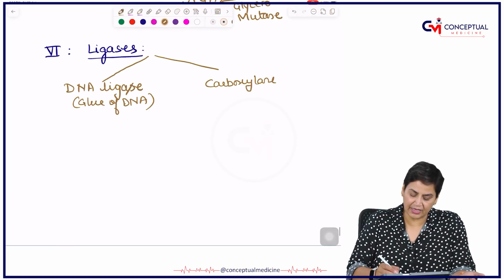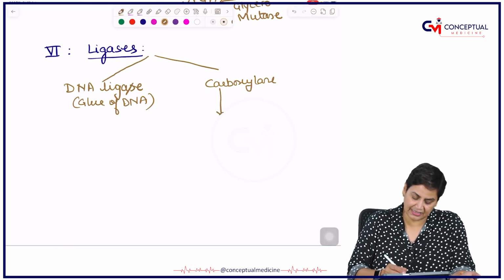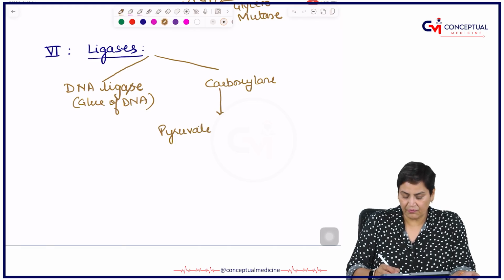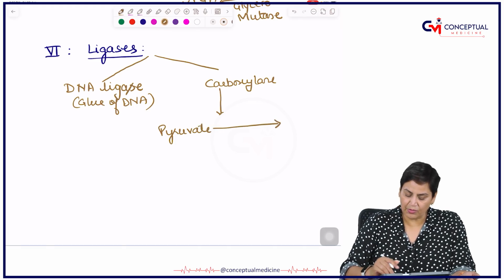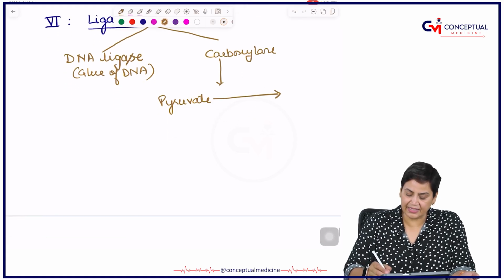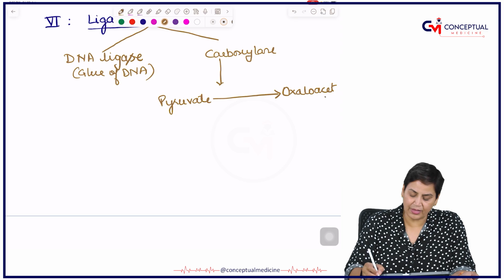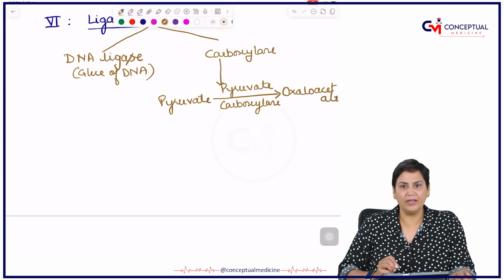Again, if we have to write the reactions of carboxylase, I can say that pyruvate will be converted to form oxaloacetic acid. The name of the enzyme here is pyruvate carboxylase. Very important.